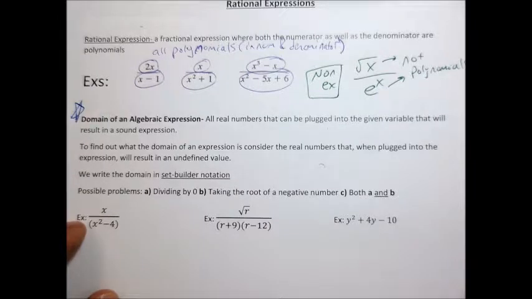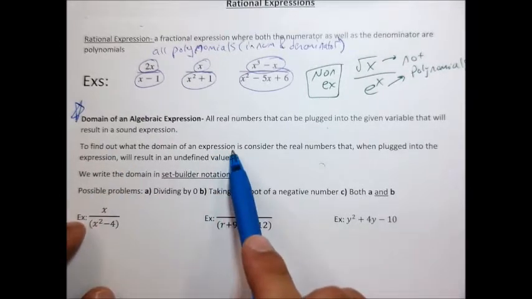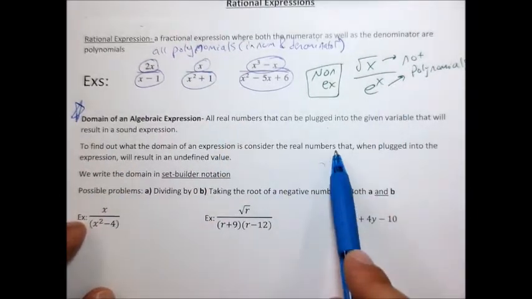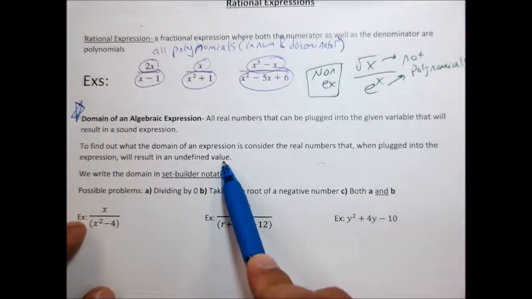Now, there's infinitely many numbers that usually fit in a domain. And so rather than thinking about every single number that you can plug in, it's usually more helpful to think about the numbers you can't plug in. And then you avoid those numbers when you write the domain down. So that's what I wrote here. To find out what the domain of an expression is, you want to consider all the numbers that when you plug it into the expression, you get an undefined value.